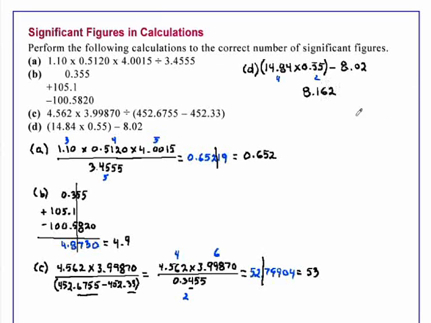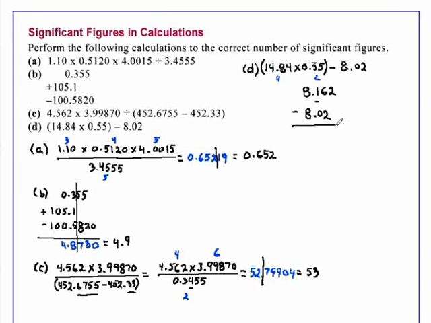So in fact the 8.162 is only good to the second significant figure. So when we subtract from this the 8.02, we have to take that into consideration.